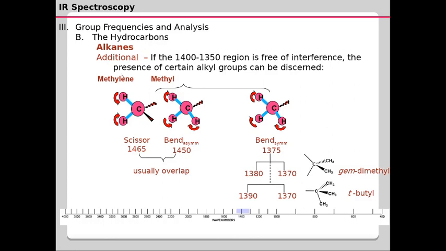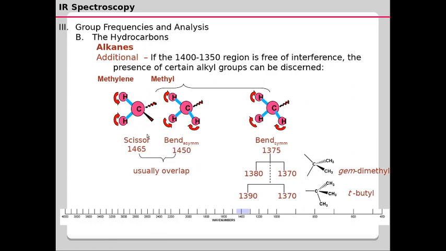So say for example, if we have a methylenic system, a CH2 system here, the scissoring vibration of this methylenic system could show up as a peak at around 1465 centimeter inverse. And if we have a methyl system in our molecular structure, then the asymmetric bending, which means these two bonds bend towards each other whereas this bond bends away from them, shows up as a peak at around 1450 centimeter inverse.